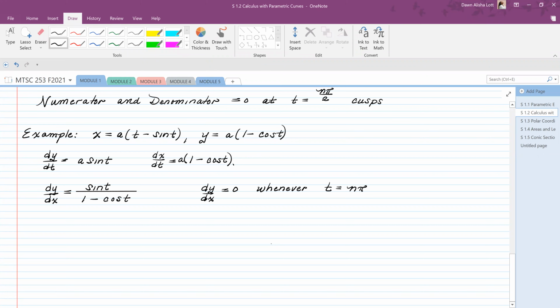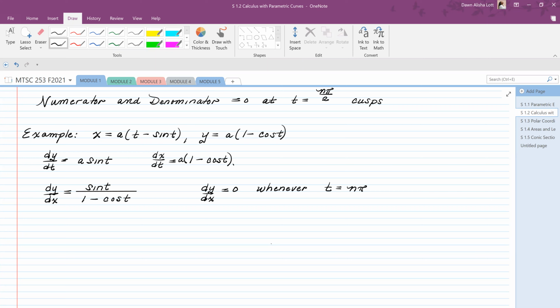Aha, that's not right. Why is that not right? I caught myself. Because what I did was I looked at the numerator only. And I said, when the numerator is 0, t is equal to n pi, because the sine of n pi is 0.